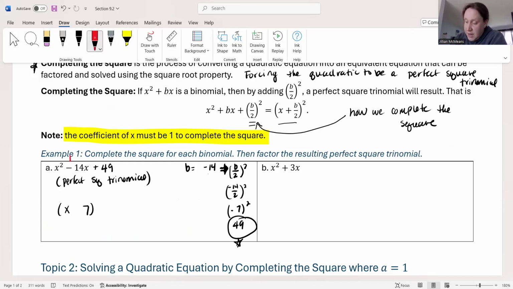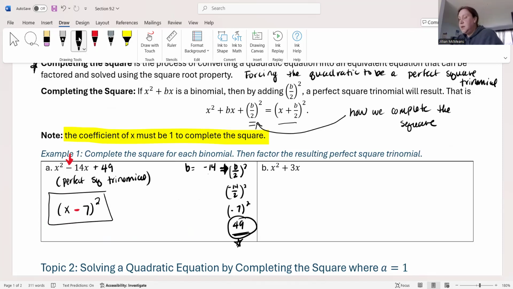This sign right here always tells you whether you add or subtract down here. So we're going to subtract, and then we square the whole thing. Okay, and that's what's so magical about this factored form of the perfect square trinomial. So this value right here is how we complete the square, and then this is the factored form.